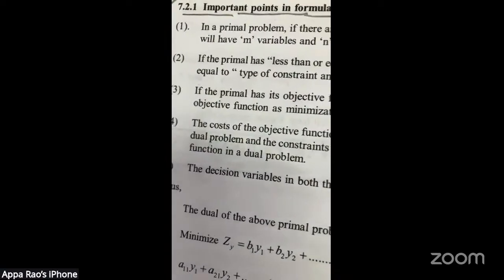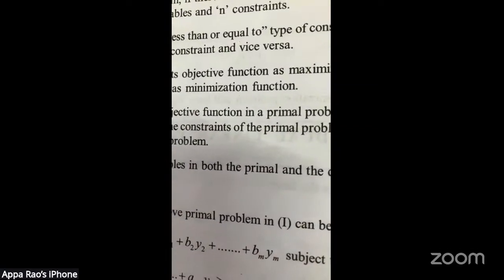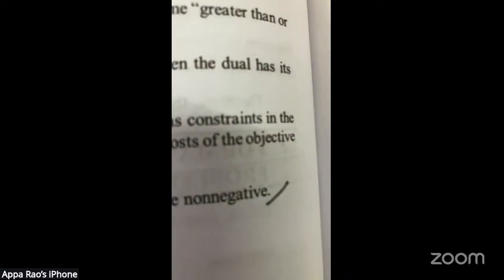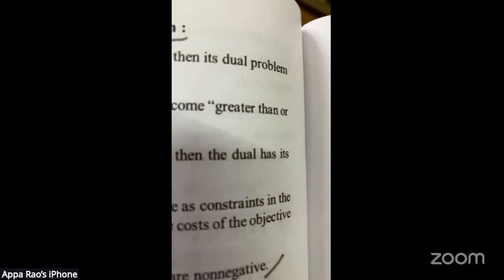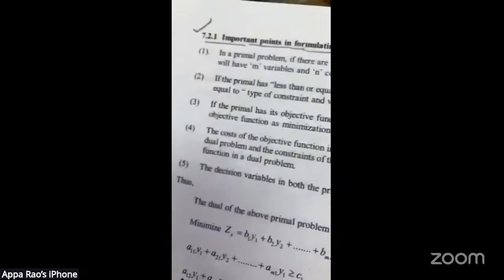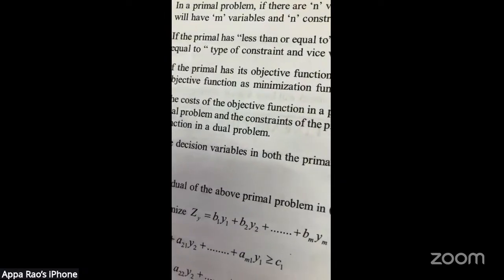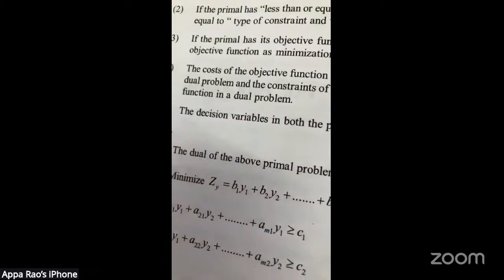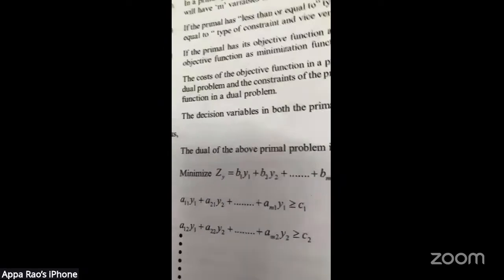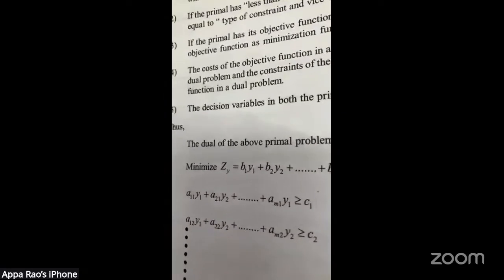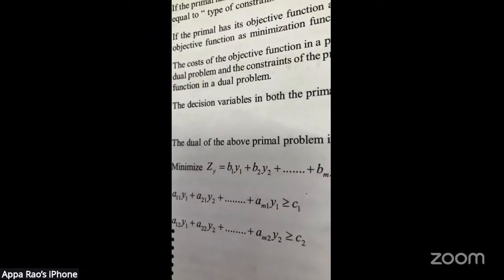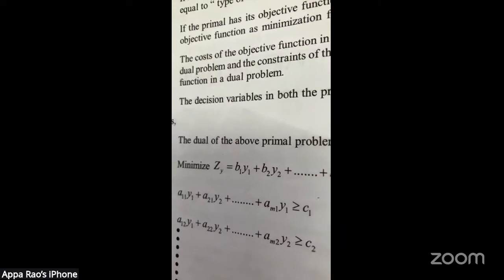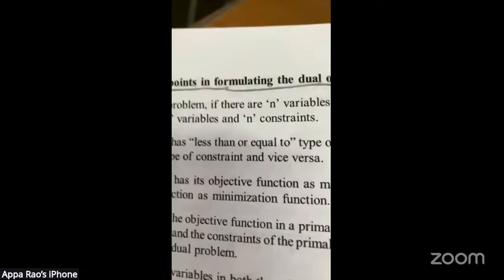If the primal has less than or equal to type of constraints, it will become greater than or equal to type of constraints, and vice versa. Vice versa means if less than or equal to is there in the primal problem, it becomes greater than or equal to. Suppose greater than or equal to is there in the primal, in the dual it becomes less than or equal to.